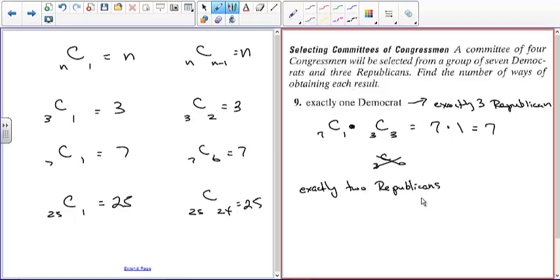So let's say you have exactly 2 Republicans. That also means exactly 2 Democrats. So using the same kind of thought process, I'm going to pick 2 Republicans. I've got 3 Republicans, so you have 3, you're going to choose 2. So that's the Republican part here.